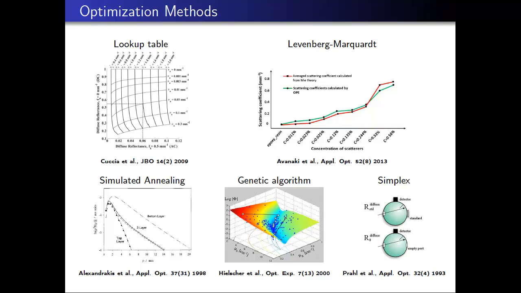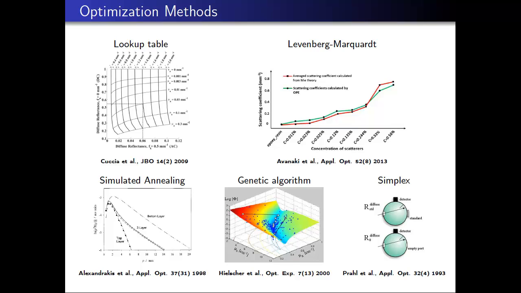So I'd like to go over some of the optimization methods that are in the literature. I'll go over the lookup table very briefly. I think Professor Zhu covered that very nicely. And then this row is what I call direct methods.